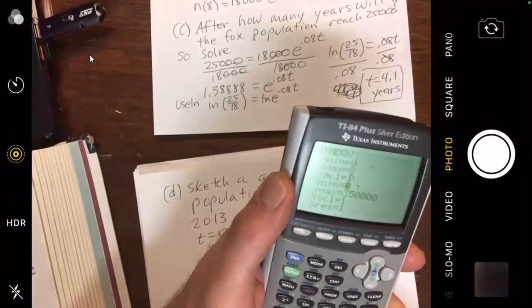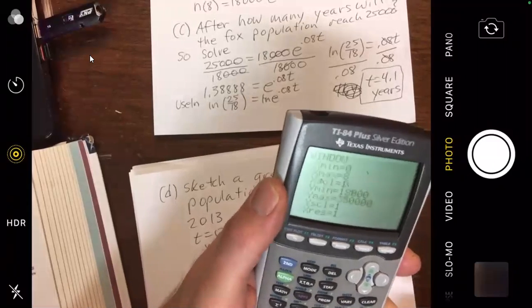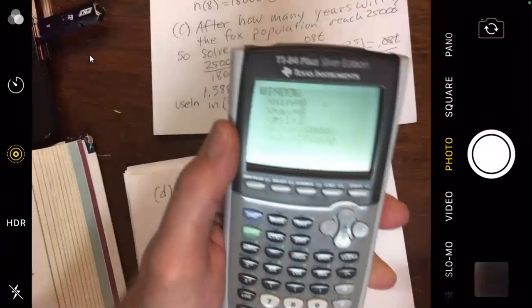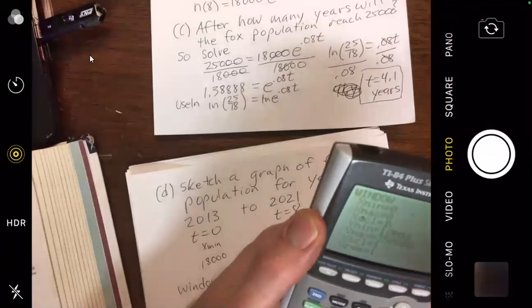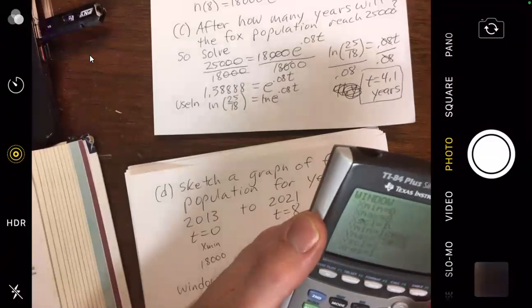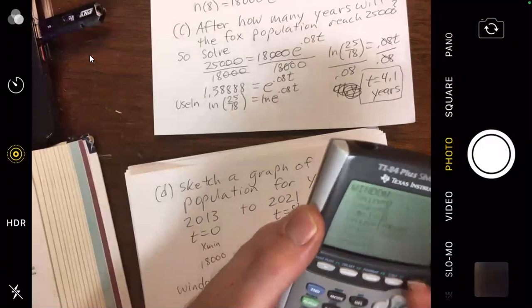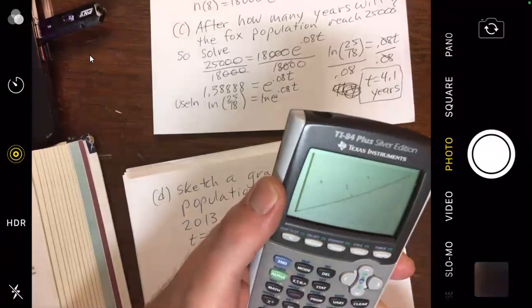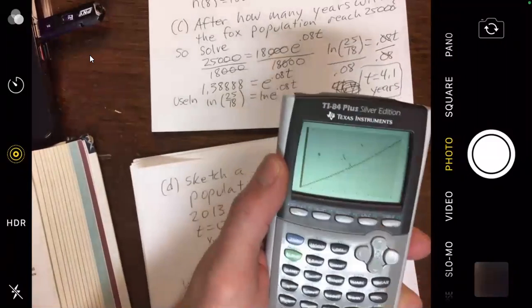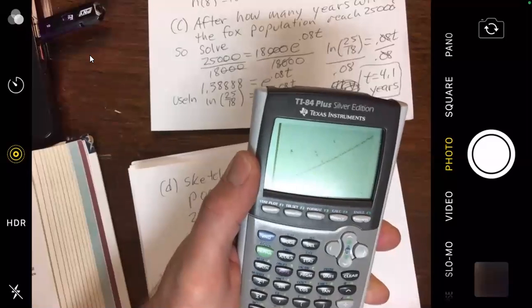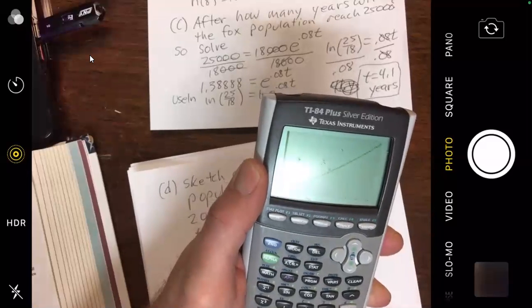For y, you could start at 0, but it's really going to look compressed if you do, so 18,000 to, we said, 35,000. Then all we've got to do is take out one of those zeros and graph. And there you are. It's going up, starting at 18,000 at 0 and going out to 8.